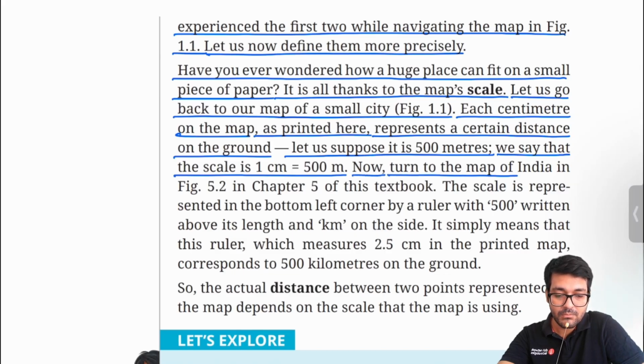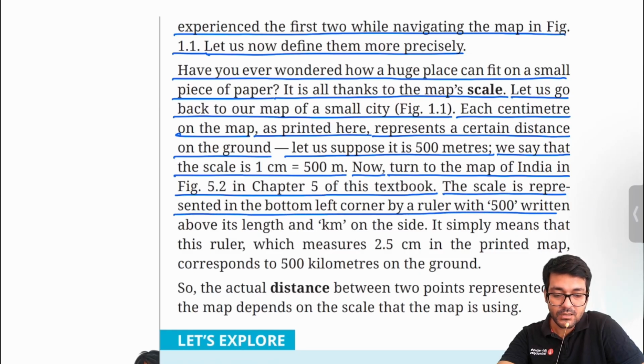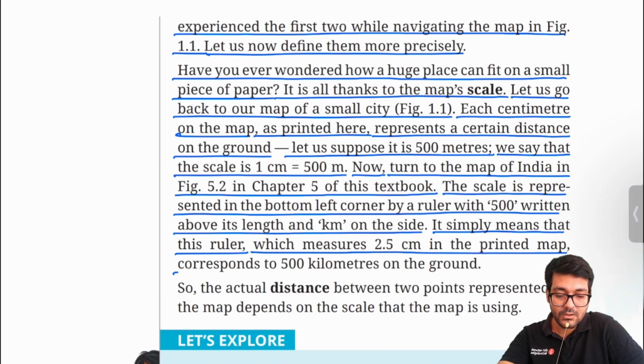Now turn to the map of India in Figure 5.2 in Chapter 5 of this textbook. The scale is represented in the bottom left corner by a ruler with 500 written above its length and km on its side. It simply means that this ruler, which measures 2.5 cm in the printed map, corresponds to 500 kilometers on the ground.